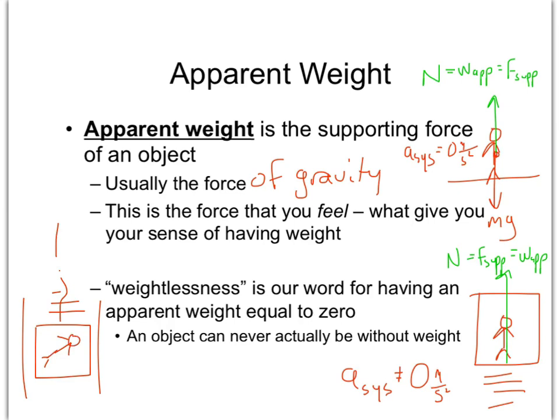You're in free fall, all right, you still have weight. That's what we say right here, that an object can never truly be without weight. You still have weight. In fact, the reason you are free falling is because your weight is pulling you downwards. The reason you don't feel any pressure on the bottoms of your feet is because your whole system is accelerating at negative 9.81 meters per second squared.